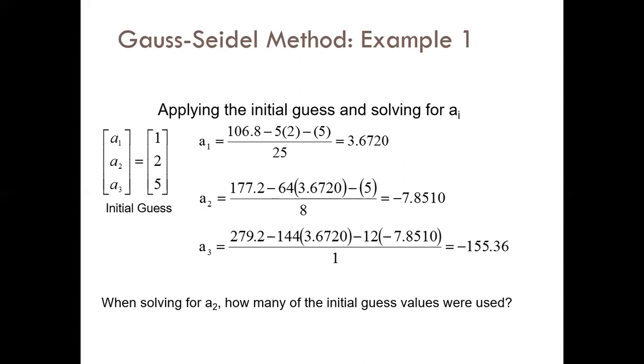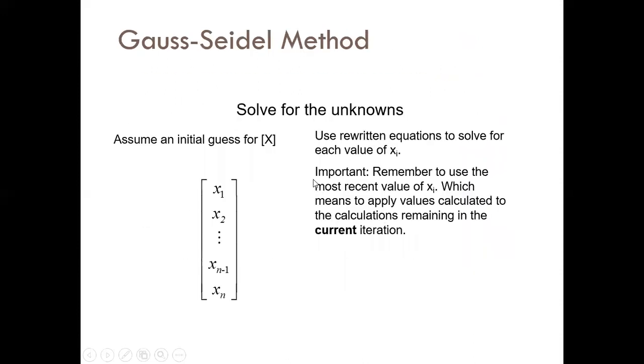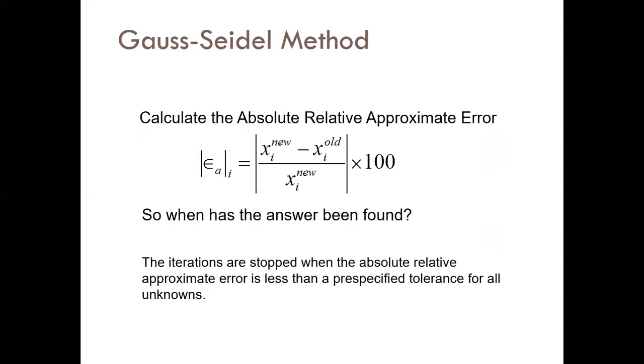Put the value of A1 as 3.6720. We do not take the initial value, because this is an important line: use the most recent value of xi, which means apply values calculated to the calculations remaining in the current iteration only.